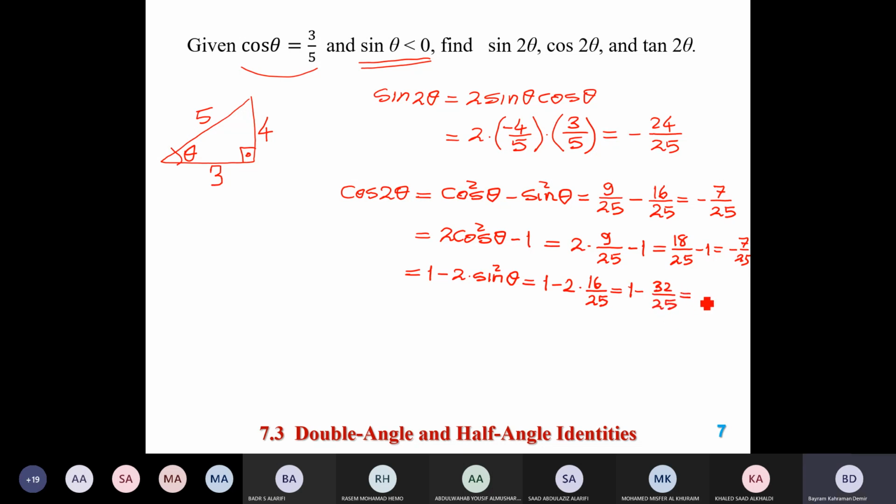And I'm sure you can see that it is negative 7/25. You see, Shabab? So you can use any of them you like: cosine square minus sine square, or 2 cosine square minus 1, or 1 minus 2 sine square. They will give you all the same number because they are all equal to cosine of 2 theta.